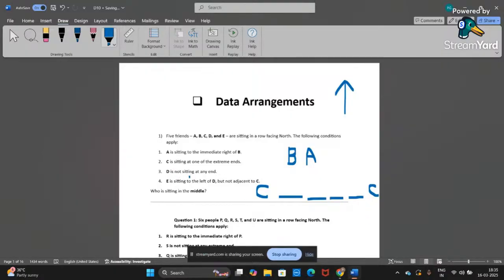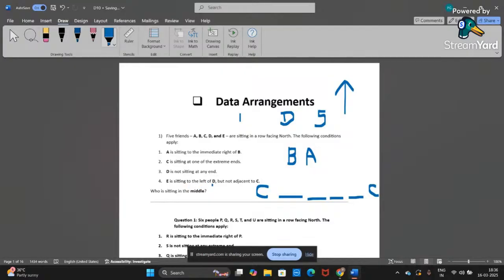D is not sitting at the end. He will be in second, third, fourth position. Which are the end positions? 1 and 5 are the end positions, but D is in between 1 to 5. Let us write here D because it is not sitting at any end.